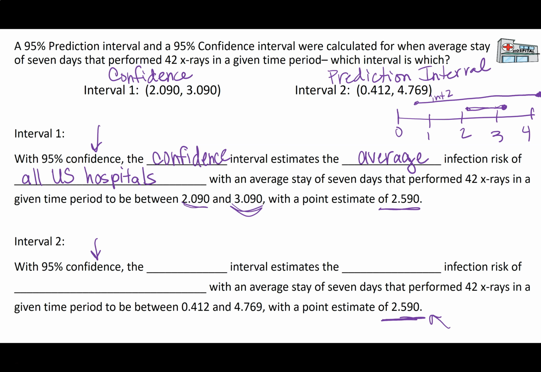So then it's fairly similar. So with 95% confidence, I know it's weird to still write that, but this technically would be true. So the prediction interval estimates that. And we don't write anything in here. The infection risk, because we're talking about the infection risk of just one. So we're not talking about the average of all, the infection risk of a single U.S. hospital.